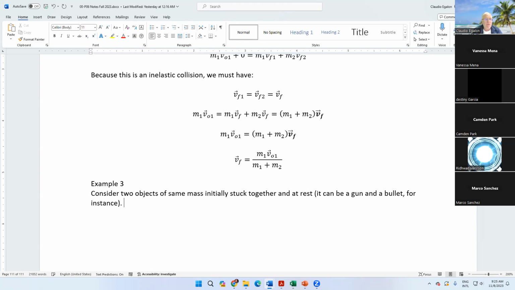They're at rest and they're stuck together, right? Somehow an internal force is activated and the two objects fly apart. That's what I call an explosion. Find their final velocities.